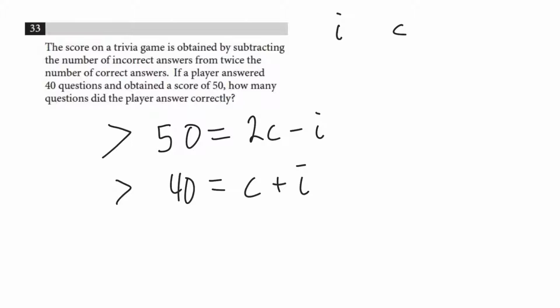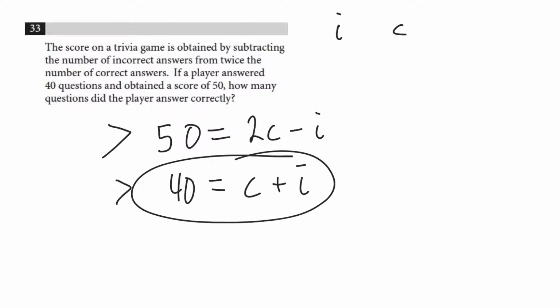So I'm going to use the second equation here, and I'm going to solve for I. How many questions did the player answer correctly? I'm going to solve for I because I want to eliminate the incorrect answers from the first equation. That way I'll be left with just the correct answers.